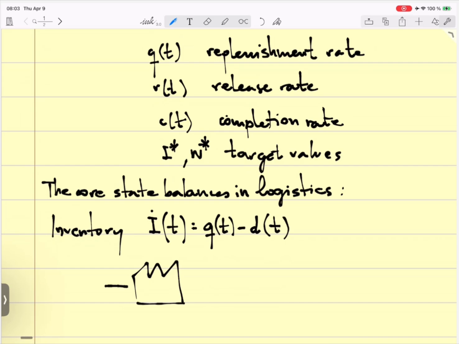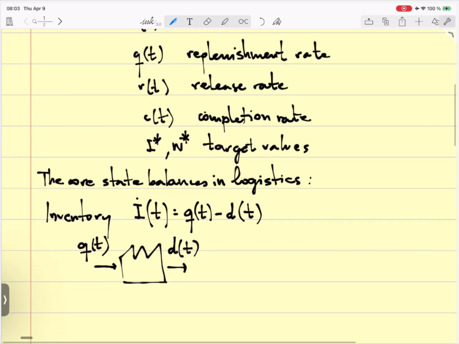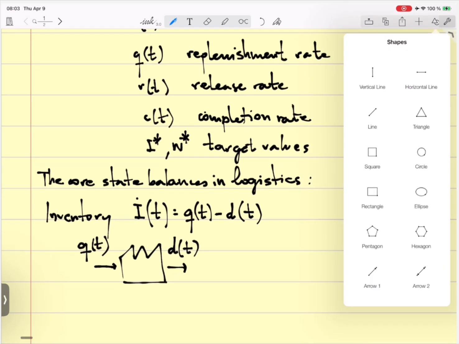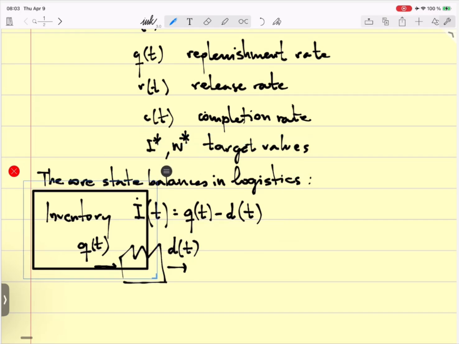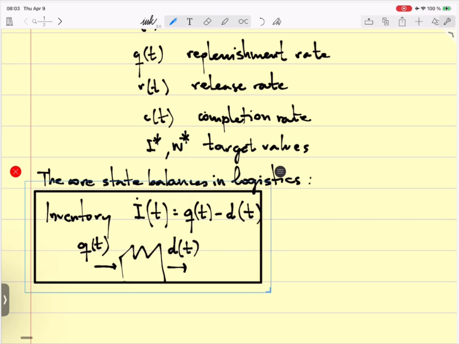I'm filling the shelf at a certain speed, this is the replenishment rate, and I am emptying the shelf at a certain speed. And here in the middle I have the inventory balance.